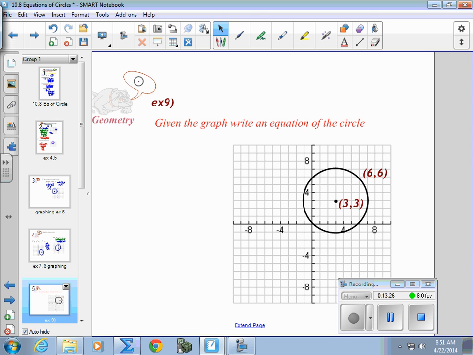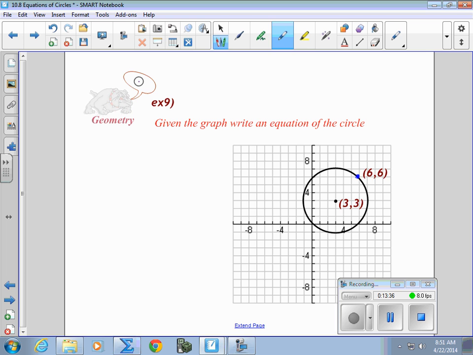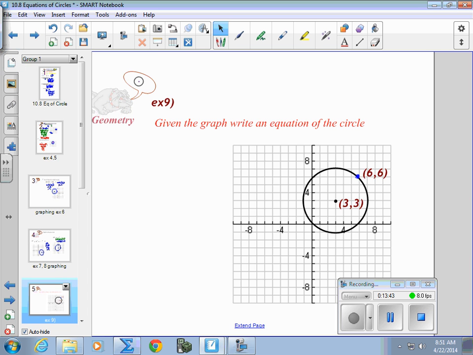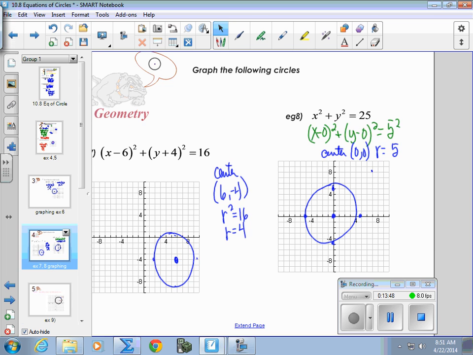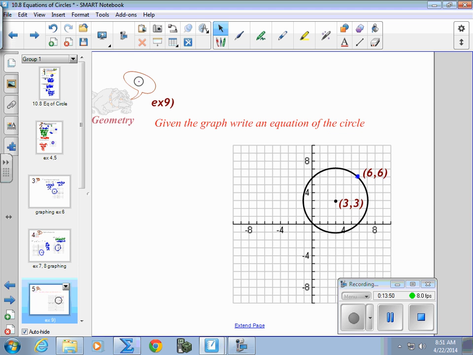The next problem gives you a point on the circle and the center and asks you to graph the problem or write an equation. It is already graphed. But this problem is a lot like one that we did before, where they gave you the center and a point on the circle and asked you to write the equation.